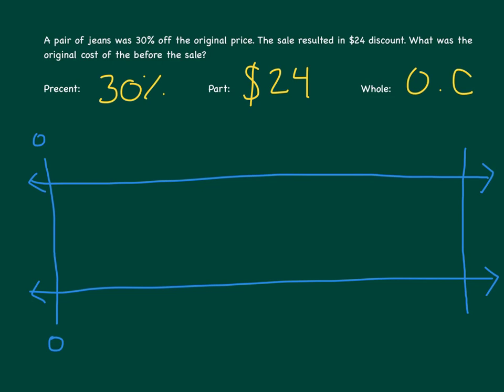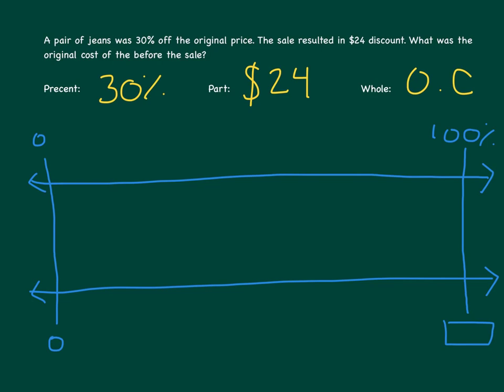So my very last line in my number line will represent the 100%. We also know that the 100% also will be the original cost, but that's what we need to figure out. The original cost will be the answer.